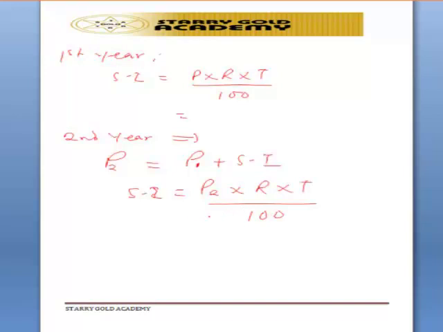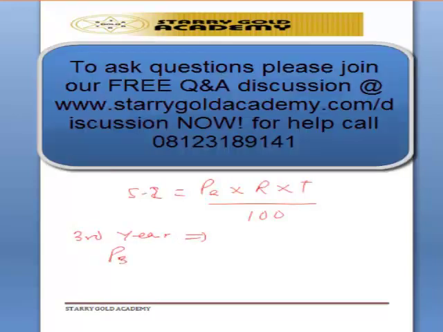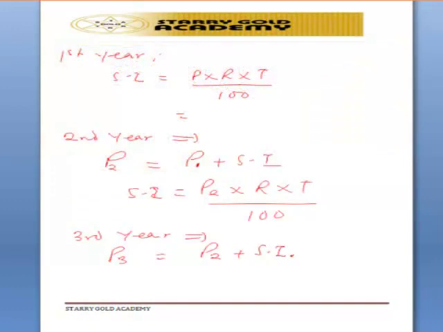So for the third year, P3 will be equal to P2 plus simple interest in year 2. So principal in year 3 is equal to principal in year 2 plus simple interest in year 2.